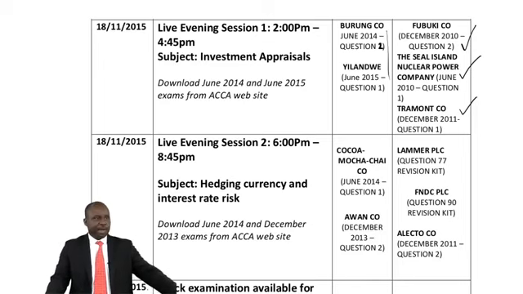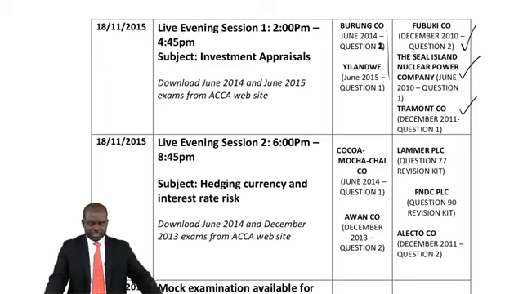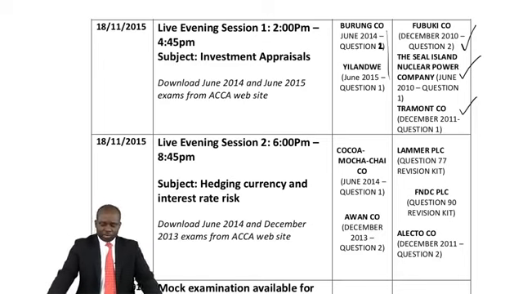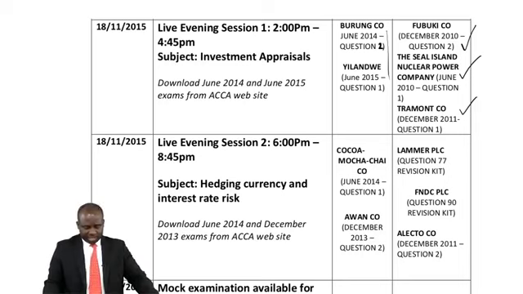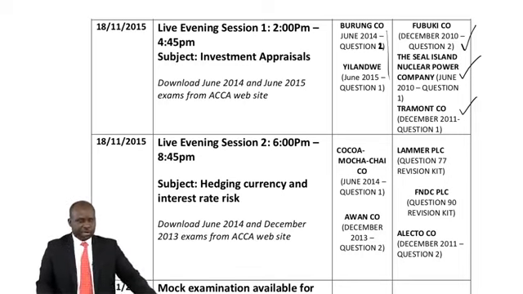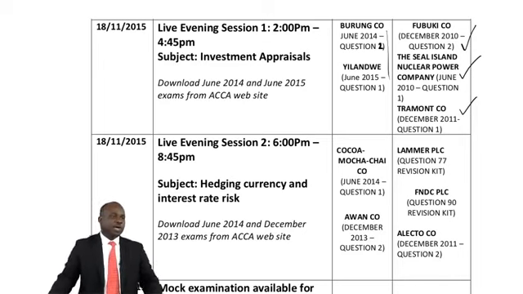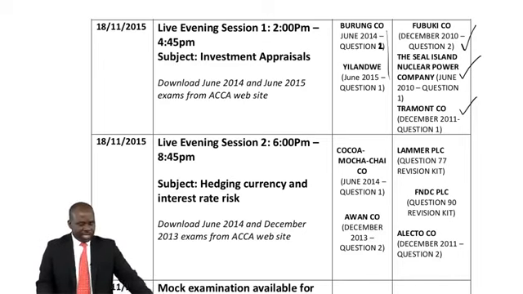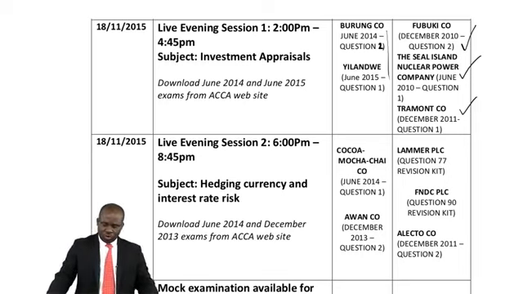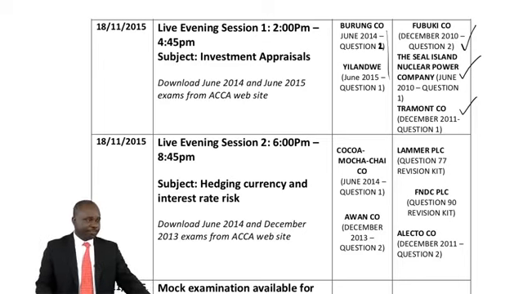It's a 50 marker question, and obviously it's expected to be big. And then we also look at R1 Co, December 2013, question number 2. The first one is a combination of currency hedge and interest rate hedge, and the second one relates only to interest rate.